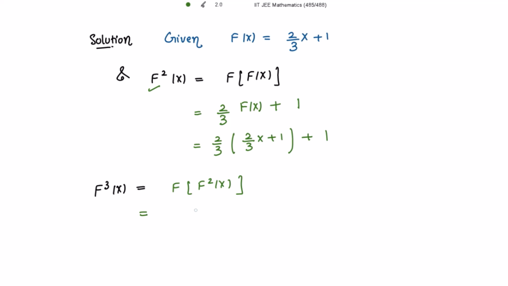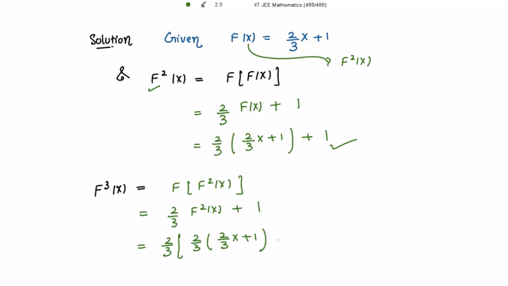To find f of f square x, we need to replace this x with f square x. So this is 2 divided by 3 times f square x plus 1. Writing f square x completely, this is 2 divided by 3 times (2 divided by 3 times (2 divided by 3x plus 1) plus 1), and then plus 1.